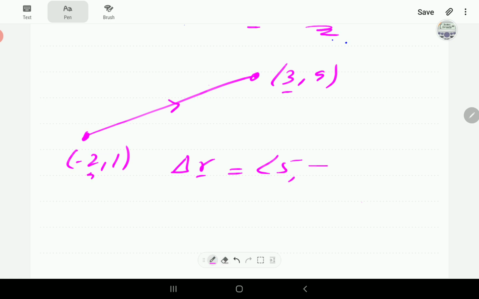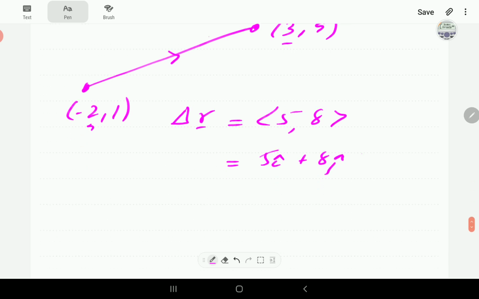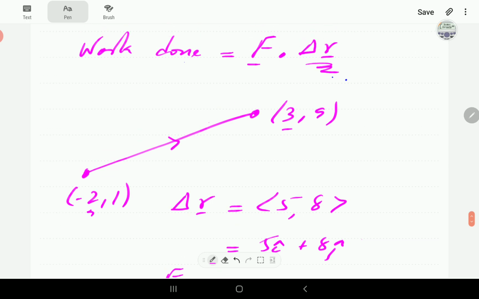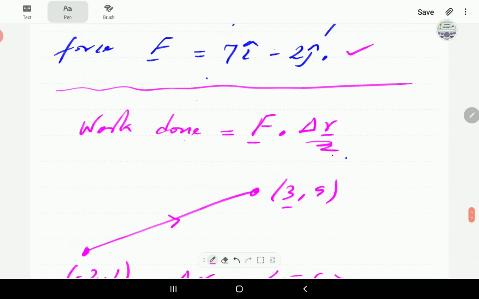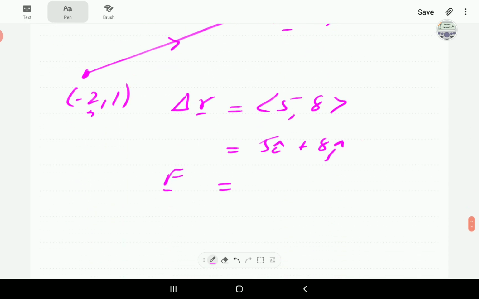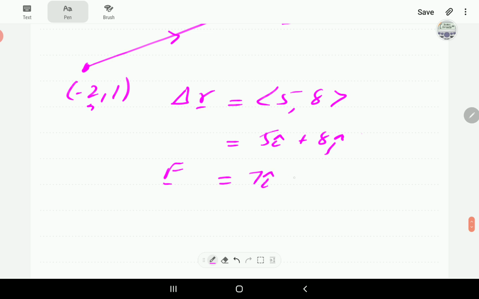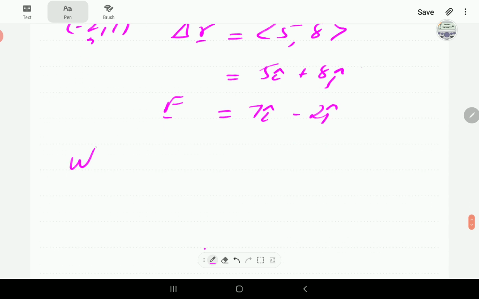The y component is going to be 9 minus 1. So it's 5i plus 8j. The force field is 7i minus 2j.